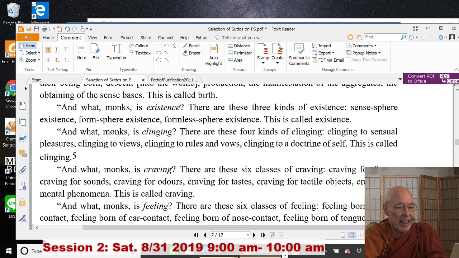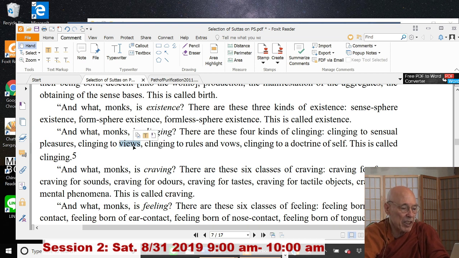Usually this is explained as the twenty kinds of view of self, which I won't go into; we'll take the elaboration of this later. Then all the other kinds of views, apart from clinging to rules and vows and clinging to a doctrine of self, are included under clinging to views.